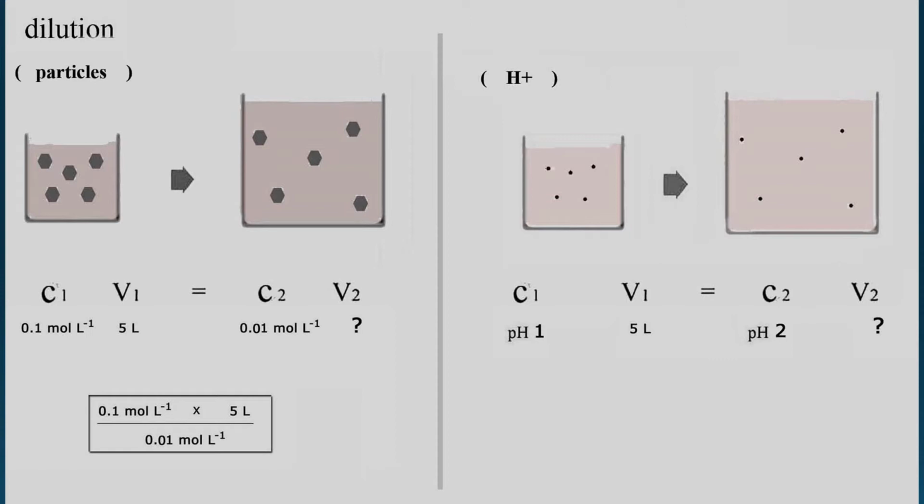Remember, pH you have to convert into mole per liter form to do the calculation. This pH 1, 2 is good, easy to compare, but you cannot do calculation. If you want to do calculation, you must convert back into mole per liter form by using the calculator.